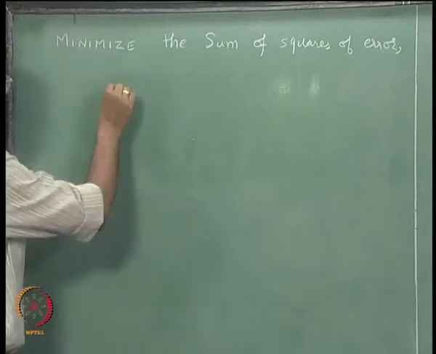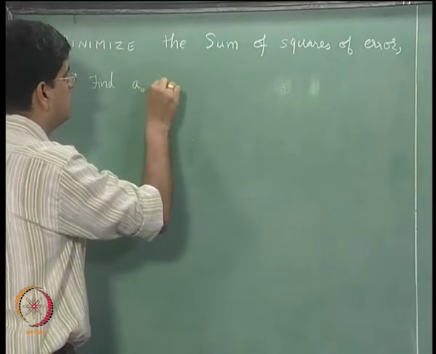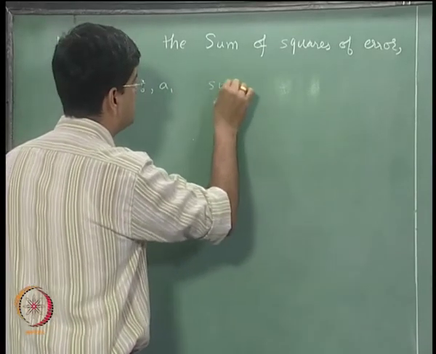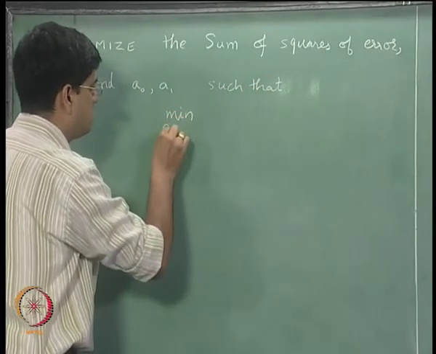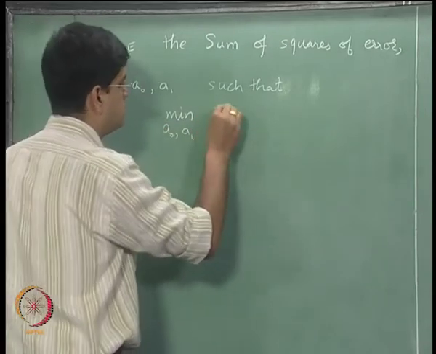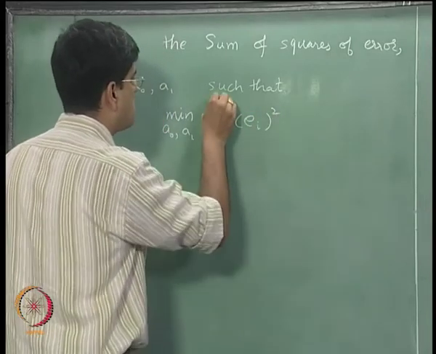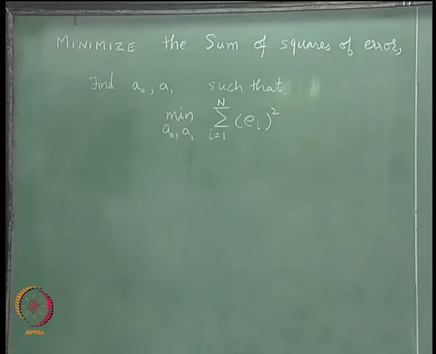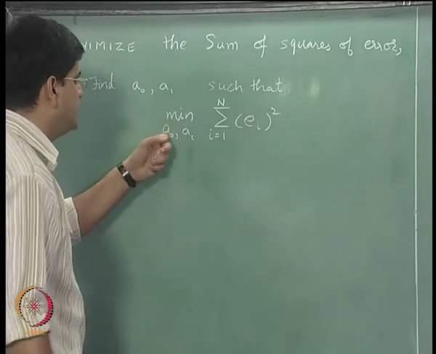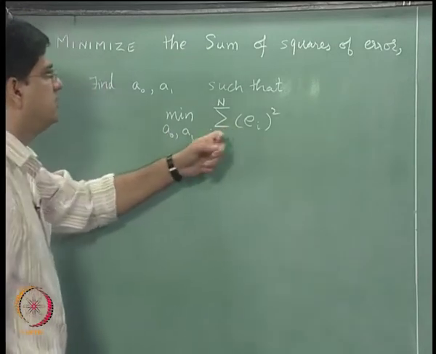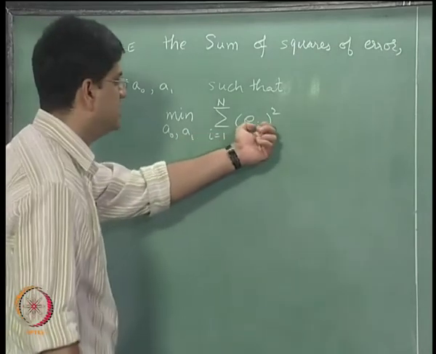So what we want to do is find A0 and A1 such that this is essentially our problem statement: we want to find the values of A0 and A1 such that the sum of square of errors in the data and the model prediction of that data is minimized.